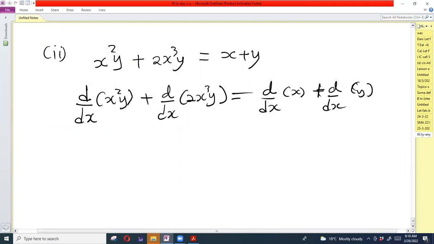If you call this u and this one v, then u prime is 2x times y, plus this v.